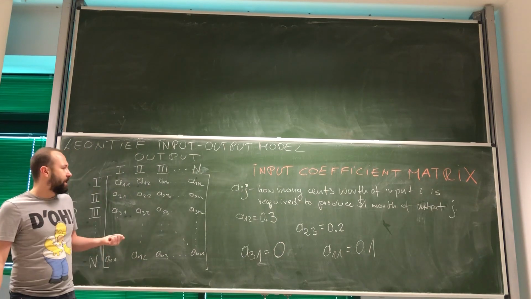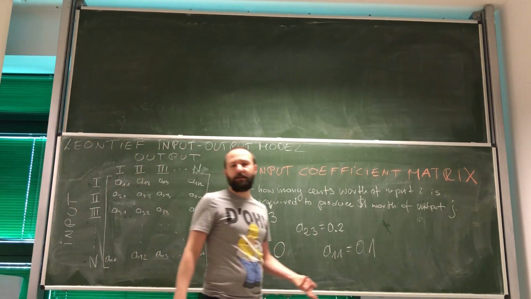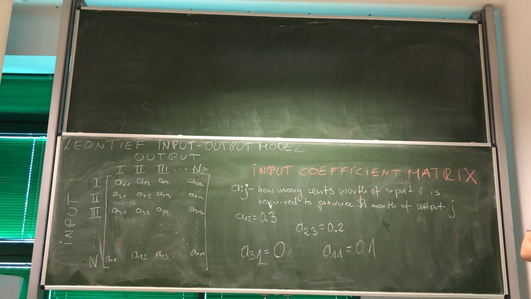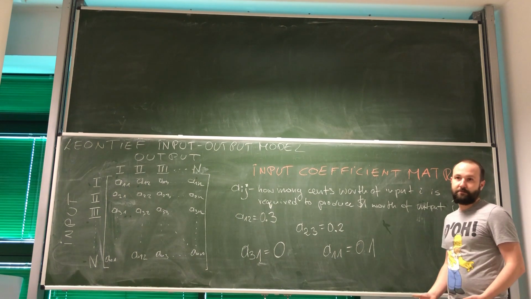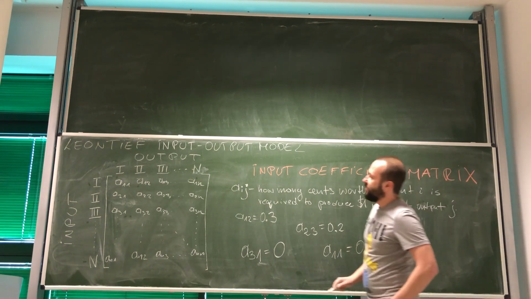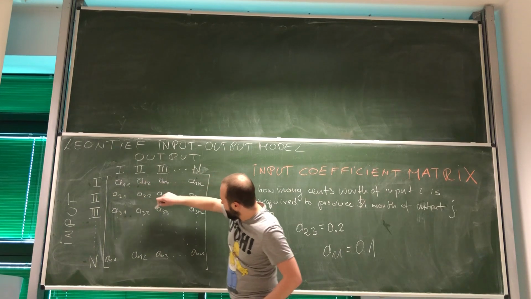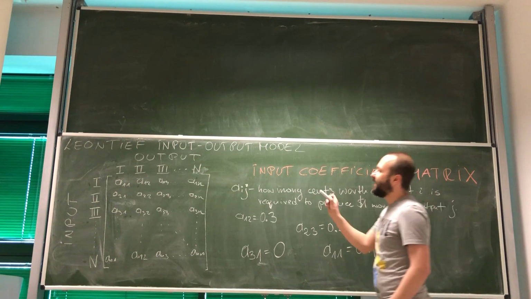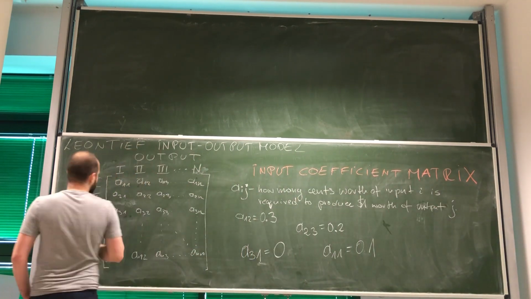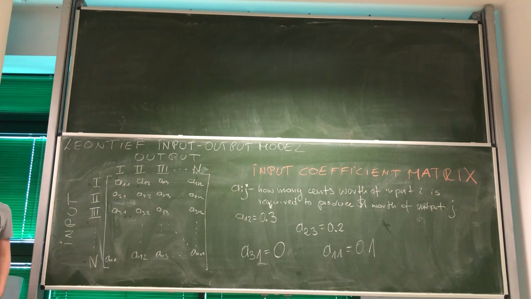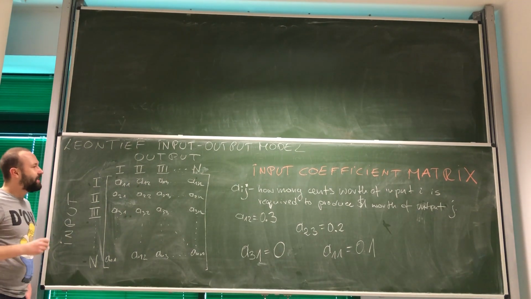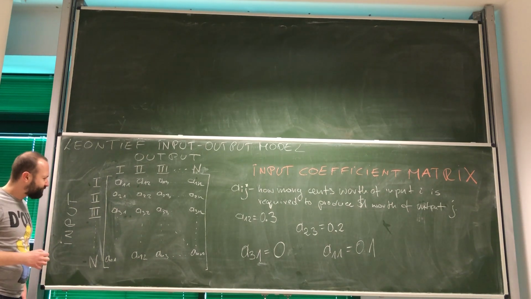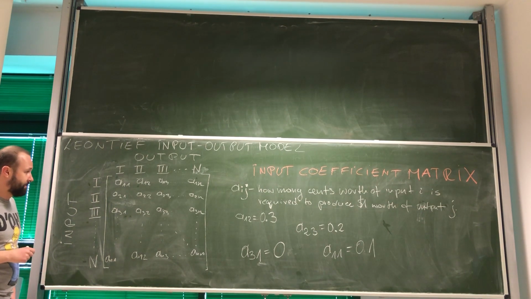Think about a good as steel. In order to produce steel, you already need to have machinery that is built out of steel. And this is the case that we will have on the principal diagonal. On the principal diagonal, we basically have the information of how much of its own production a given sector or even good uses in a production process.